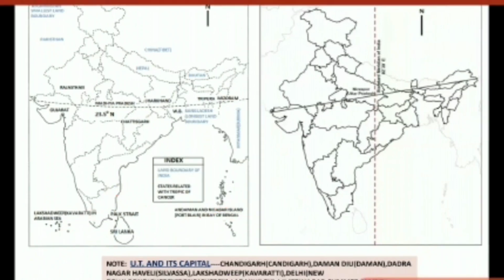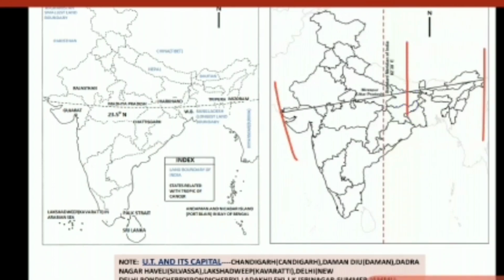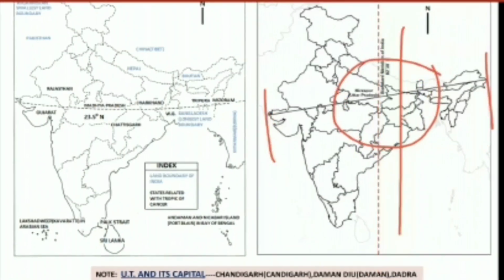Now we are in northeastern hemisphere. So the westernmost point is Gujarat and easternmost is Arunachal Pradesh, and 82 degree 30 minute east longitude passes through the central part of India. It passes through the state of Uttar Pradesh. Why is this single line known as the standard meridian of India?